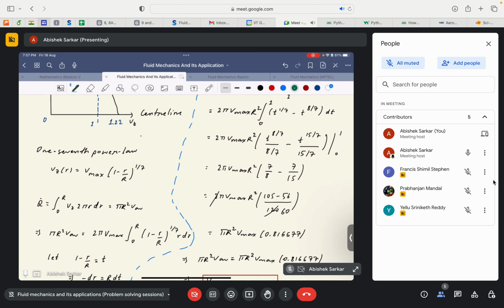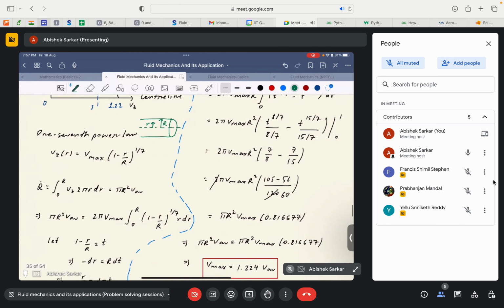So this is the pipe. This is the center line. Then at a particular point, this is the radial distance from the center line, and this complete radius is denoted by capital R. The radius of the pipe is denoted by capital R. So these are the notations.